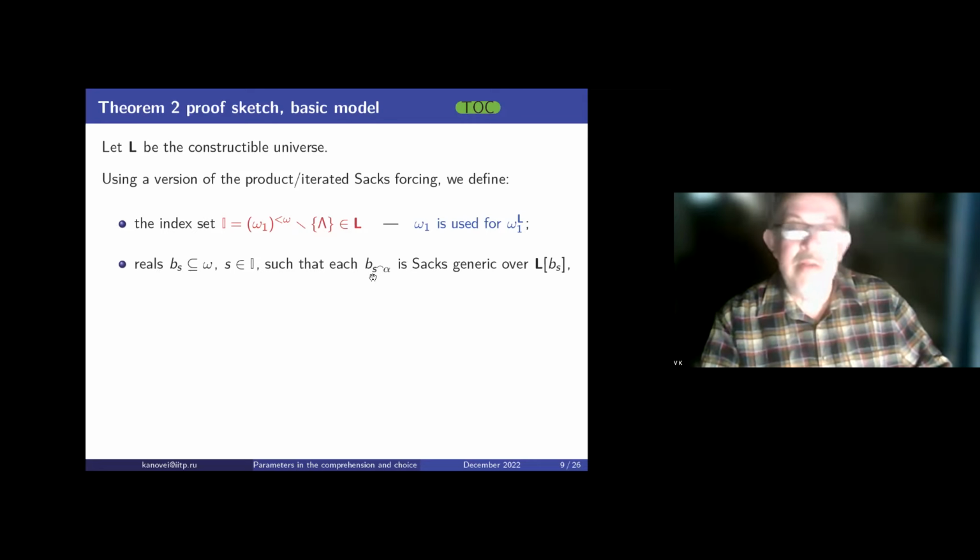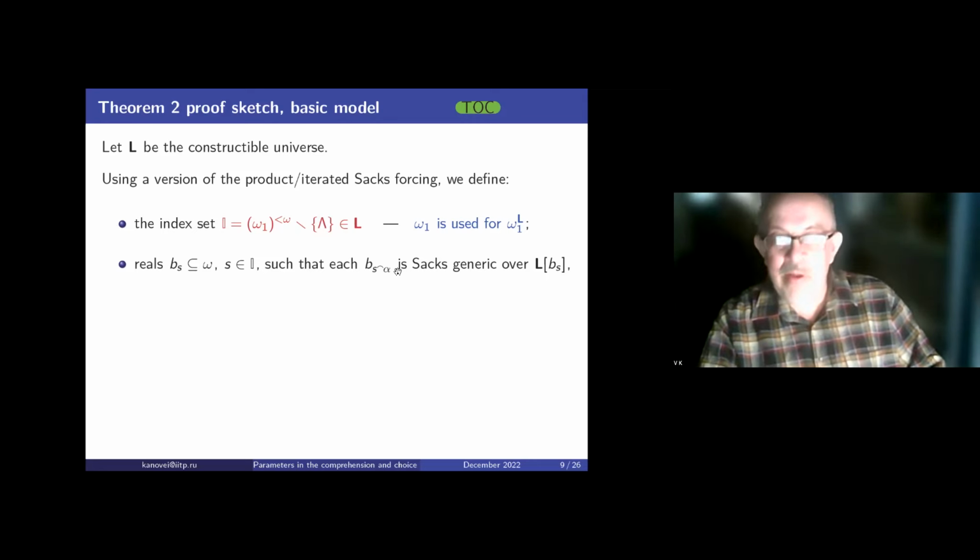It is arranged that for each s from I, if we take an index s and extend it by one more element alpha, a countable ordinal, this b sub s extended by alpha is Sacks generic over L of b sub s.